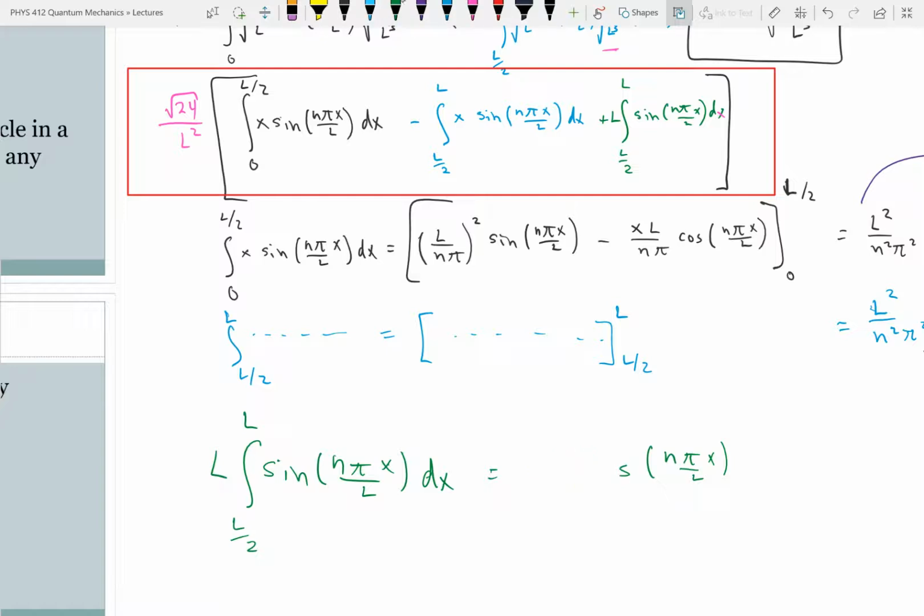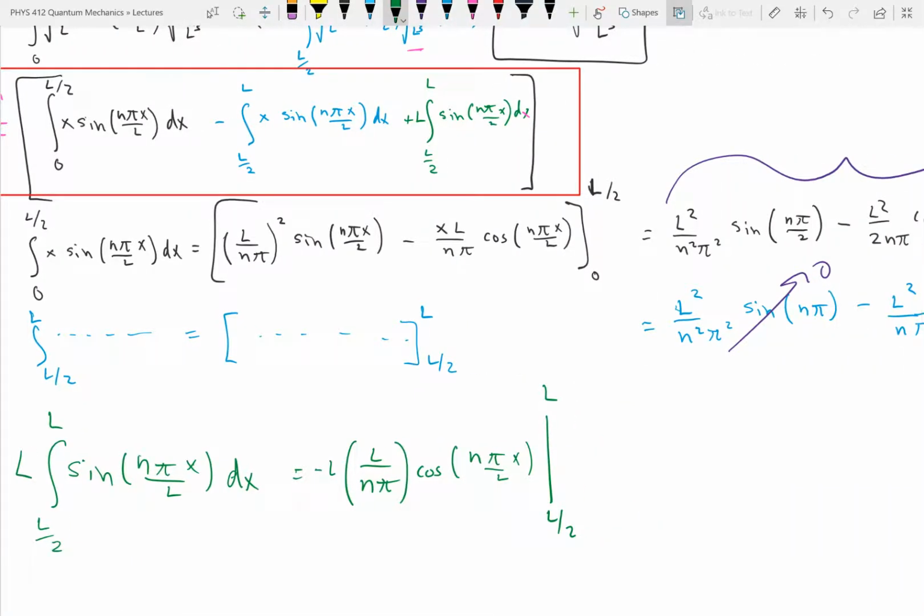Got to divide by that thing. I didn't give myself enough room. So the integral of sine is minus cosine.